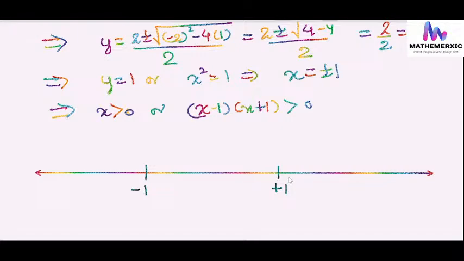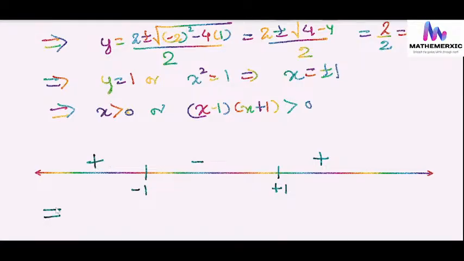Okay, and if you put any value, let us say we put 2, it will be positive here, and 0.5 you put, it will be negative, and if you put minus 2, this will be again positive.